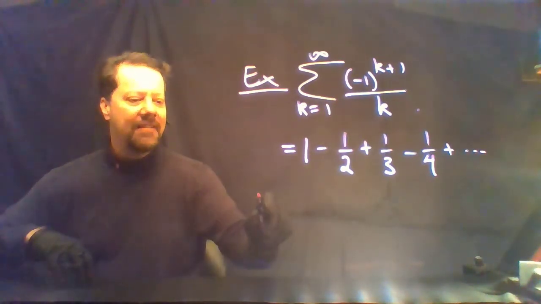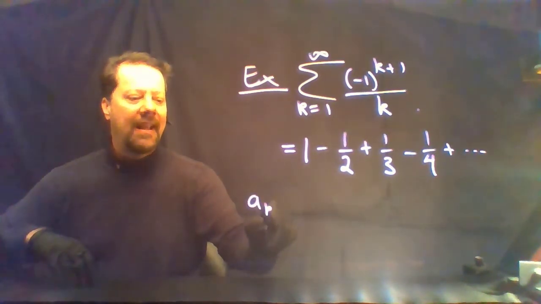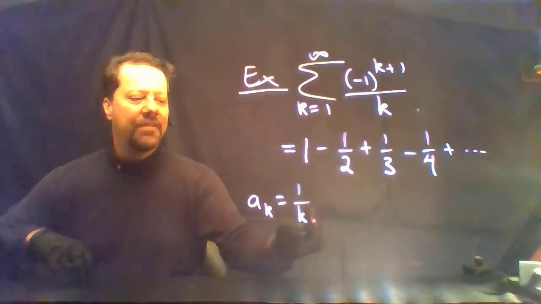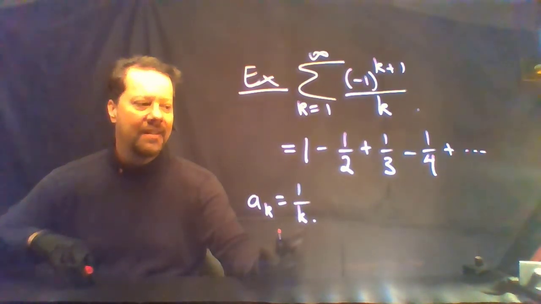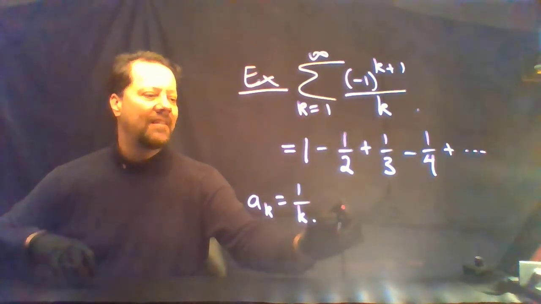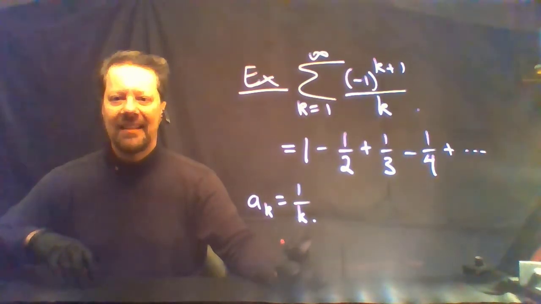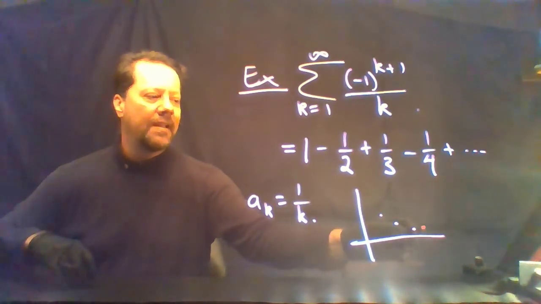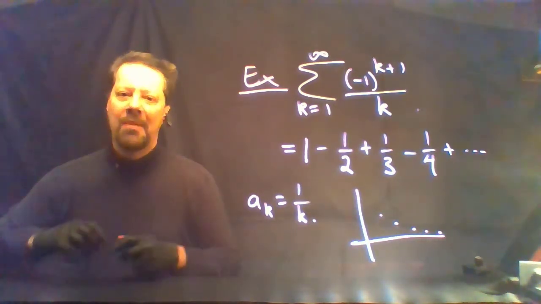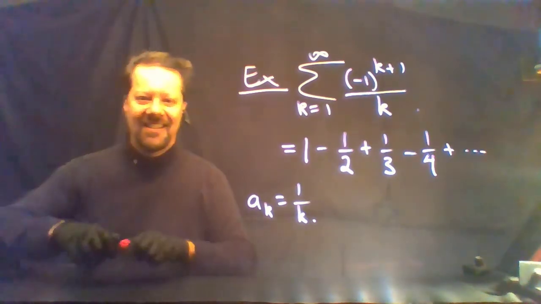Notice that in this particular case, a sub k is 1 over k, which is monotonically decreasing to 0. How can you tell it's monotonically decreasing? Well, it decreases like 1 over x. But you can do better than that.